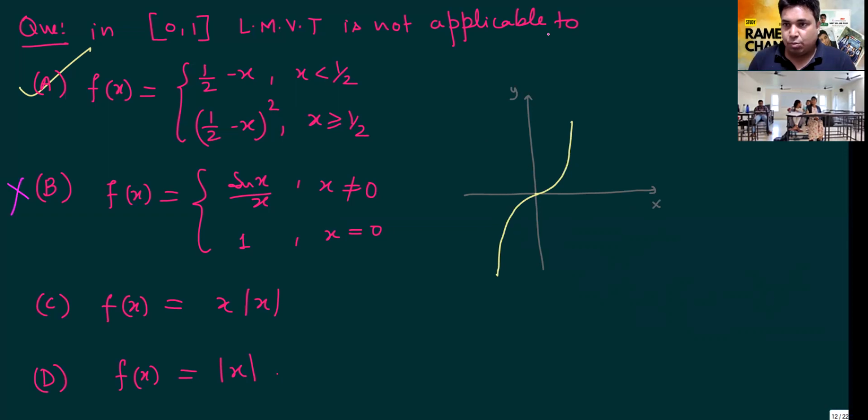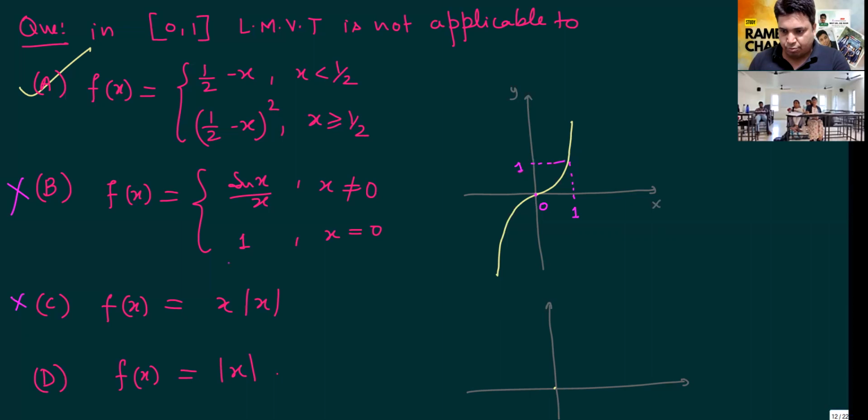You can see the domain is from 0 to 1, and from 0 to 1 it is a very smooth curve. Yes, sir. LMVT will apply here. It is continuous everywhere and smooth, so differentiable in 0 to 1. So this is also not the answer. What about D? It's not applicable, sir. Why is it so?